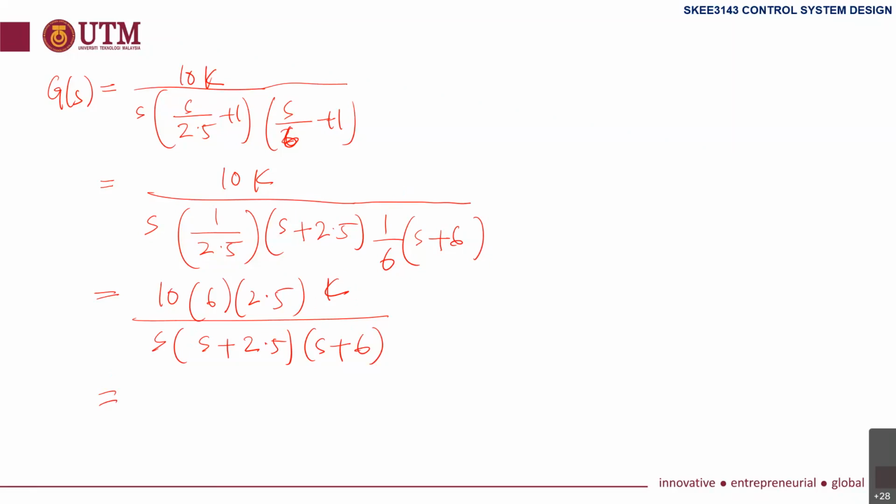That gives 150K over s, s plus 2.5, s plus 6.